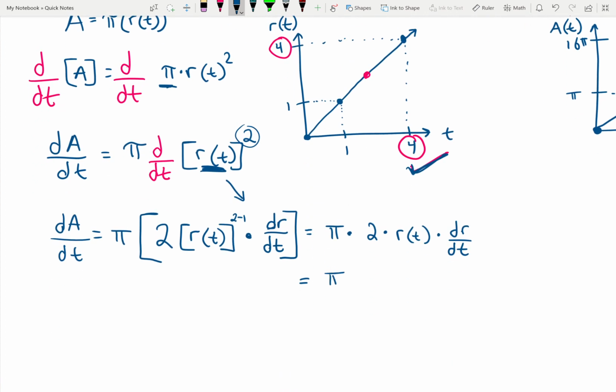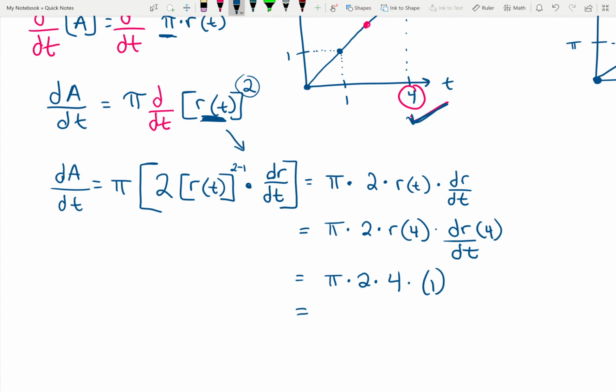So this is actually saying pi times 2 times r(4) times dr/dt at 4. So we get r(4) is just 4, and the rate of change is the slope of this line, which was given in the problem, which is just 1.